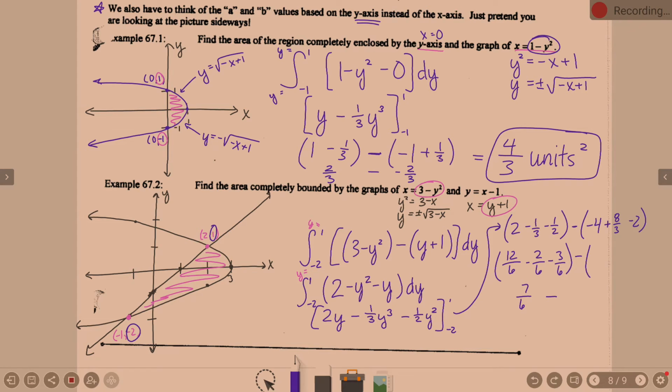So forget it. I'm trying to be fancy. Never mind. -24/6 plus 16/6 minus 12/6. How about -26 when I get that done? 16 minus 12 is 4, -24, and 4 is -20... -26. Yeah. 27/6. This is area, so I am going to officially say units squared.